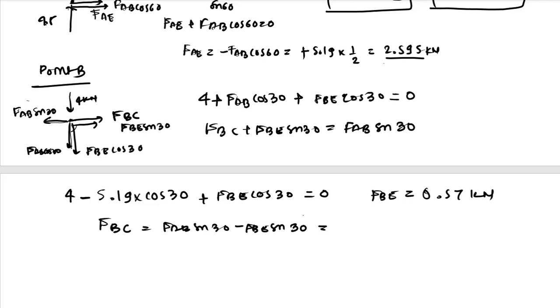FBE you can calculate here and FAB we have already calculated. Then FBC comes out to be minus 2.88 kilonewton. So as you can see, it is coming out to be minus, so it is a compressive force.